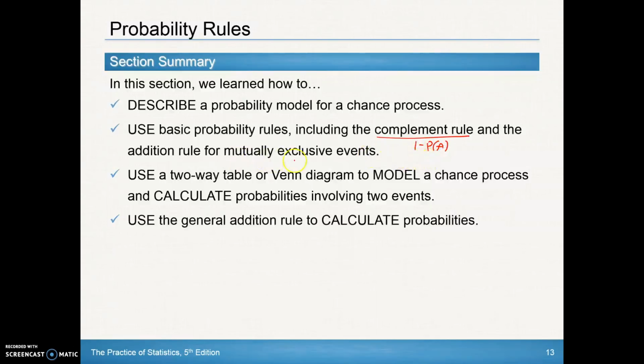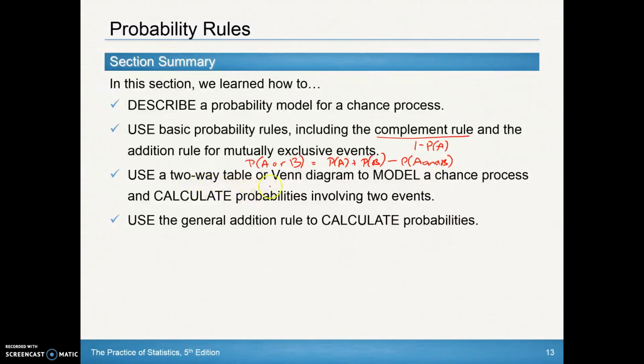The addition rule for mutually exclusive events simply says the probability of A or B occurring is the probability of A plus the probability of B. If they are not mutually exclusive, we've got to subtract off the probability of A and B occurring so we don't double count.